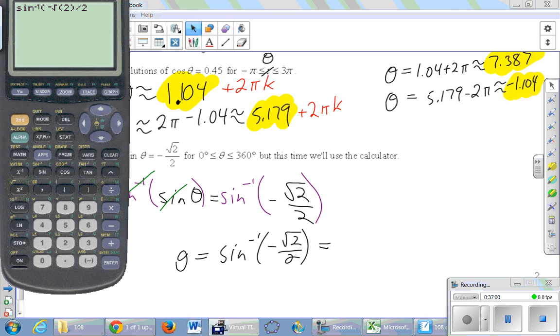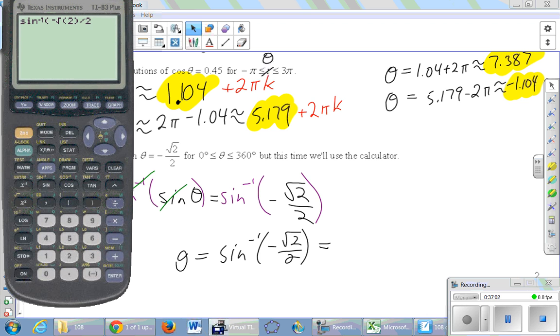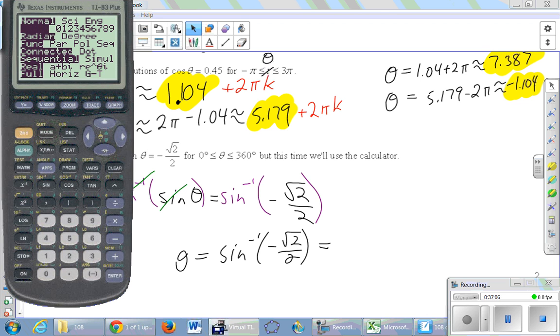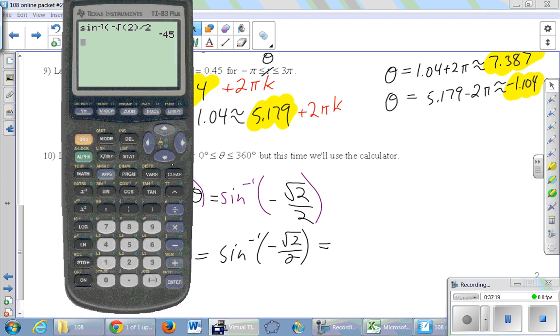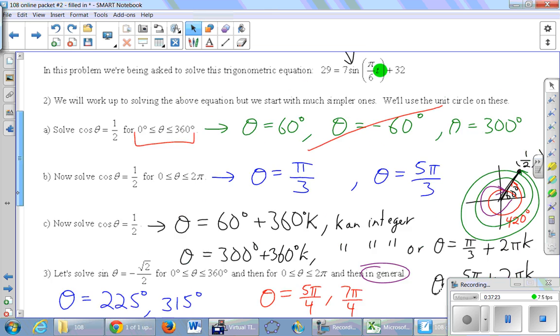Now before I hit enter, again, whenever I hit sine, cosine, or tangent, I need to think about my mode. This problem says be in degree mode, so we got to hit that in degree mode, and we get negative 45 degrees. Now is negative 45 degrees one of the answers we got to this problem before? I actually don't think it is. So let's go back down here.